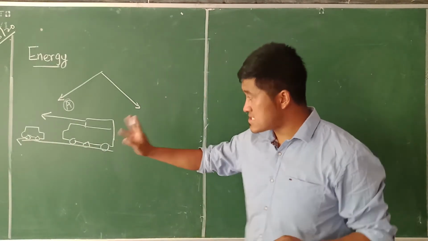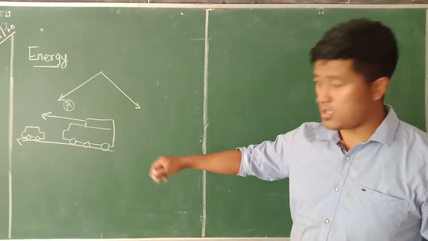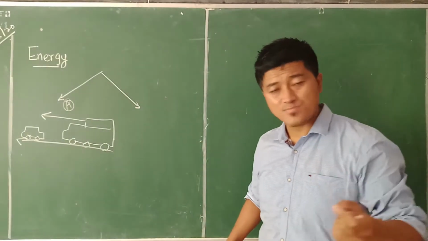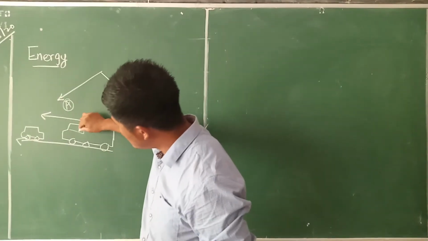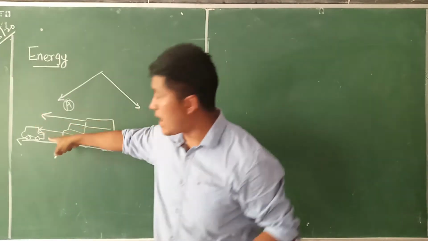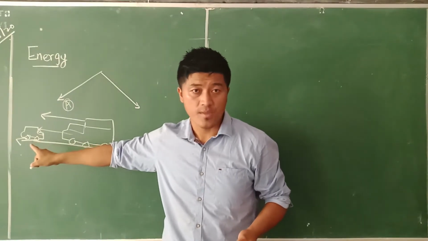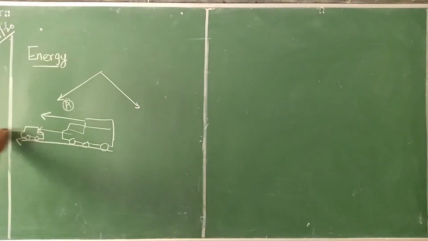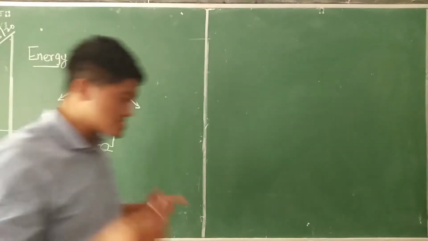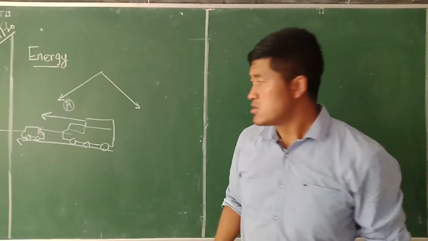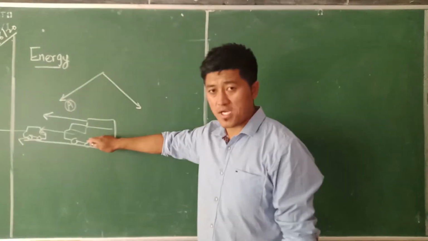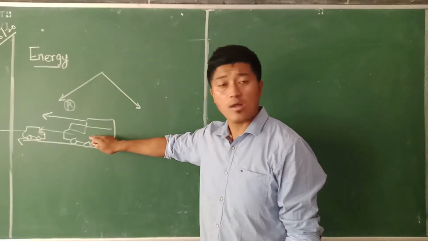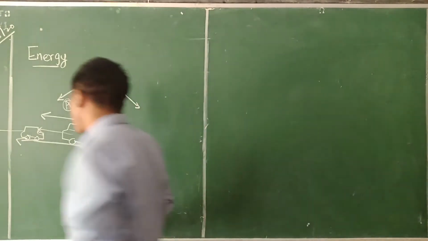Now, as you can see from this picture, what we can expect is that this truck is going to collide with this car here, and this car is going to move some distance. Understand? So what we see is that a moving object, that means this is an object here, right? Moving object.